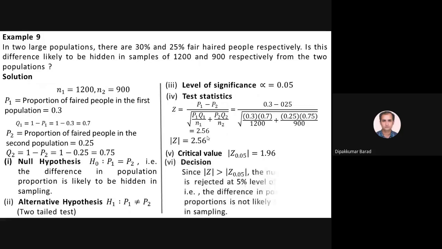So this mod z is greater than the absolute value of z at 0.05, so we can say that this null hypothesis is rejected at 5% level of significance. What it means is the difference in population proportions is not likely to be hidden in sampling.